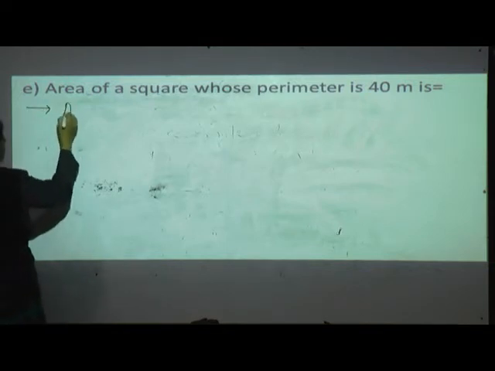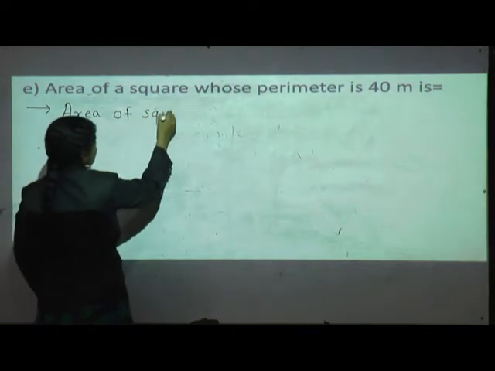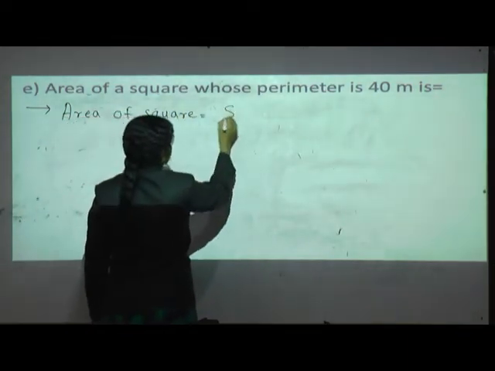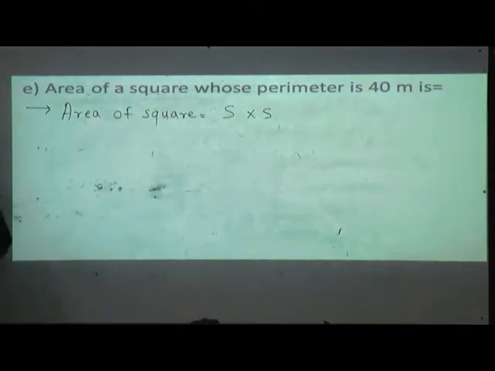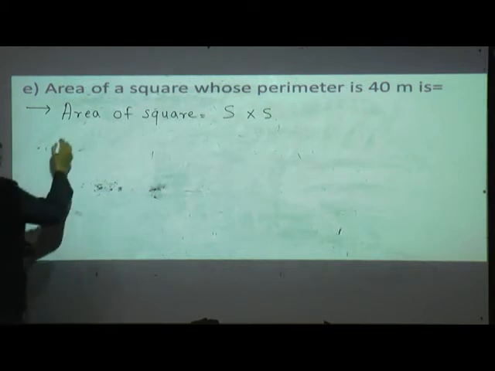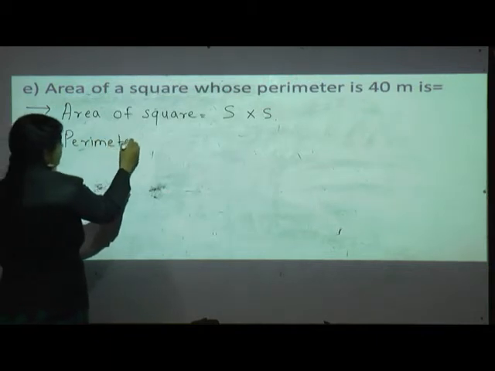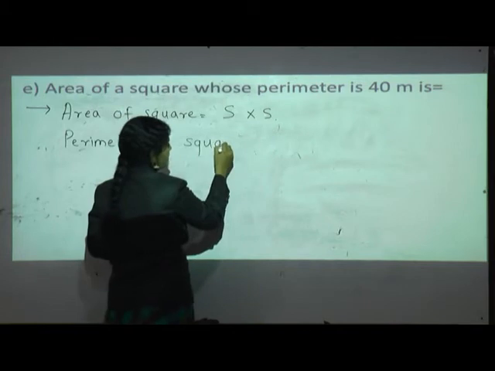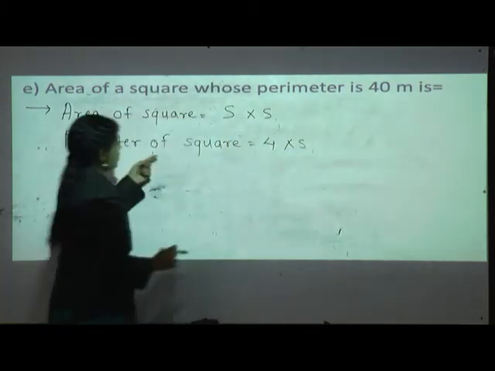Yes, area of square is equal to S into S. And what is the formula of perimeter of a square? Yes, perimeter of a square is equal to 4 into side.